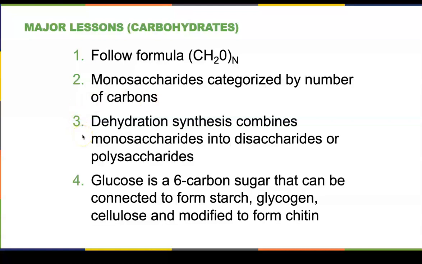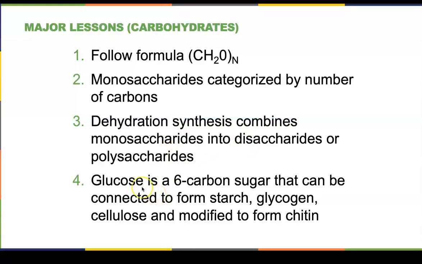Number 3, we can link monosaccharides together into either disaccharides or polysaccharides through the process of dehydration synthesis. We could also remove monosaccharides through the process of hydrolysis if we wanted to shrink a polysaccharide or split a disaccharide.